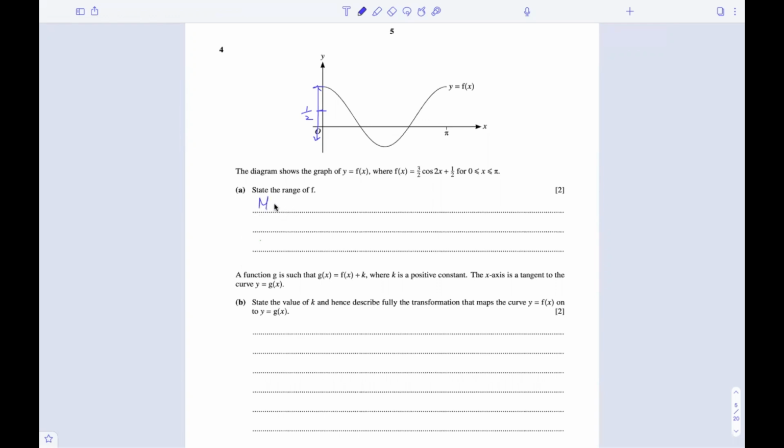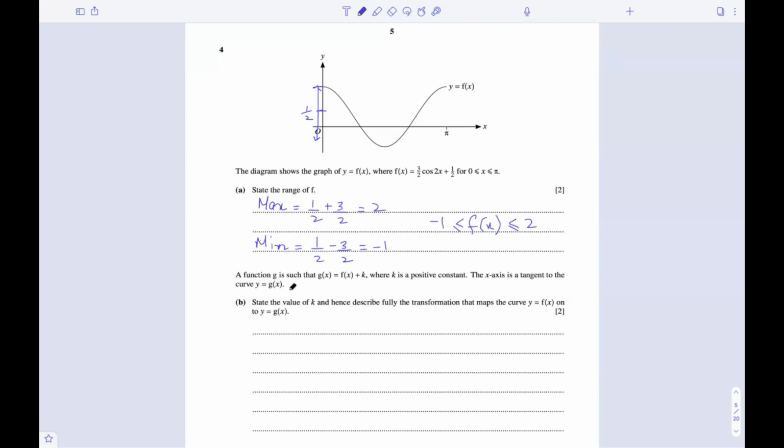So for the maximum value, we will have half plus 3 upon 2, which is 4 upon 2, which is equal to 2. And the minimum value would be half minus 3 upon 2, which is minus 2 upon 2, which is minus 1. So we can say that the range of f of x is greater than or equal to minus 1 and less than or equal to positive 2.